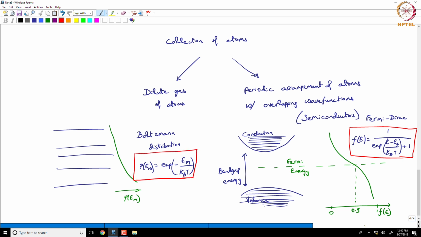Why are we talking about all this? Because as we move on to understanding absorption and emission, we will realize that absorption and emission depend on the kind of atomic system that you are dealing with. It is different for these two atomic systems. We will look at traditional atomic systems where you model this as a dilute gas of atoms, following the Boltzmann distribution.